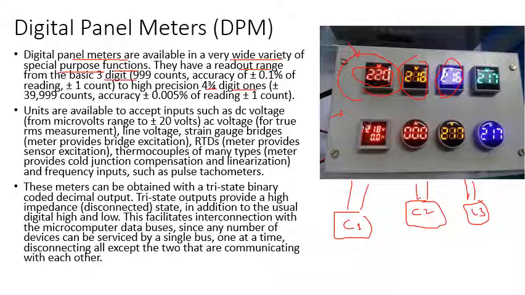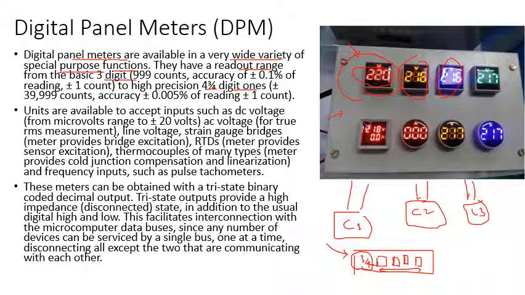It will have 4 digits, 1, 2, 3, 4, and the first one will be 3/4. That means it will be a half display. We will discuss what a half display is, but try to understand how it will be arranged. It will be 4 full digits, and this one will be 3/4. That means it cannot display all the values. That is why it is called 3/4.